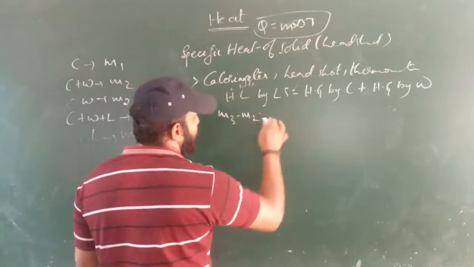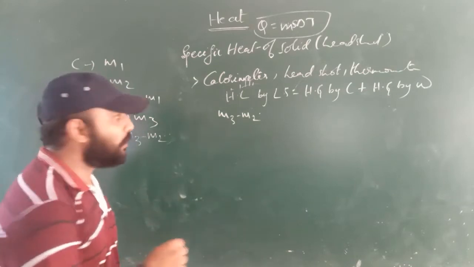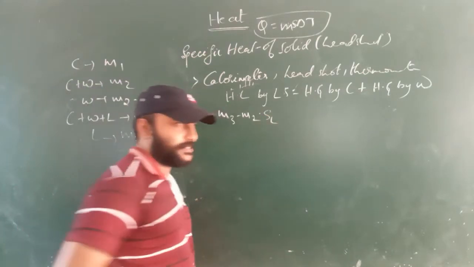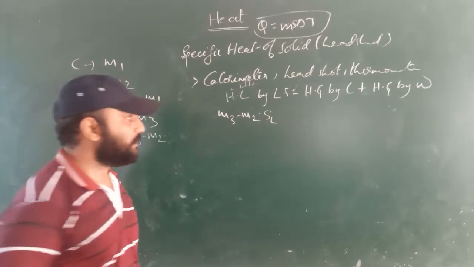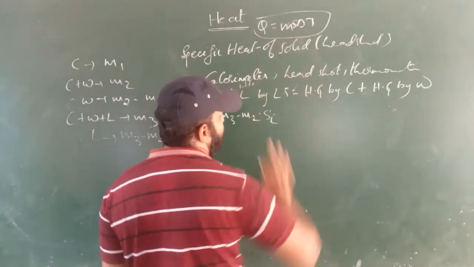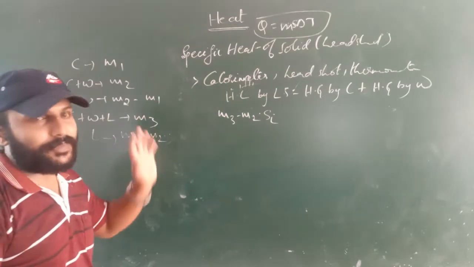Next, specific heat. Specific heat of the lead shot we have not defined here. I will take it as SL, specific heat of lead. That's what we have to find. So it is specific heat of lead shot into change in temperature. Change in temperature is higher temperature minus lower temperature.